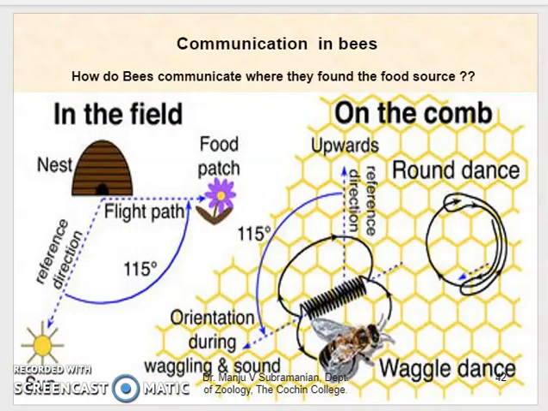And apart from this, there is communication seen in honeybees. Mainly they communicate about the food sources. They perform two types of dances, the round dance and the waggle dance.